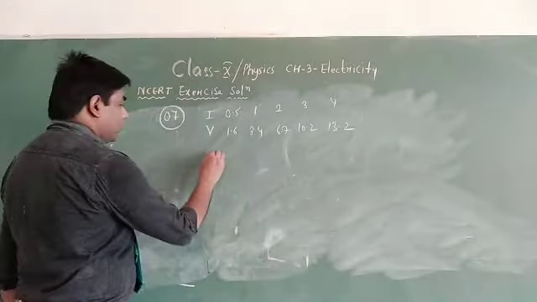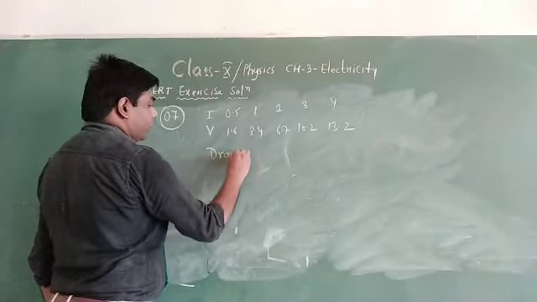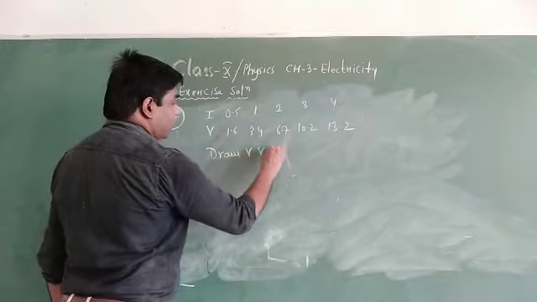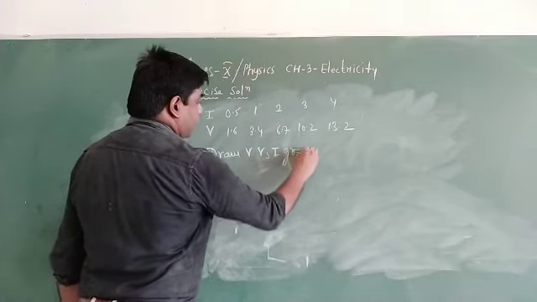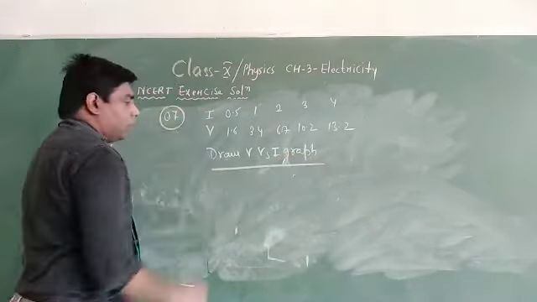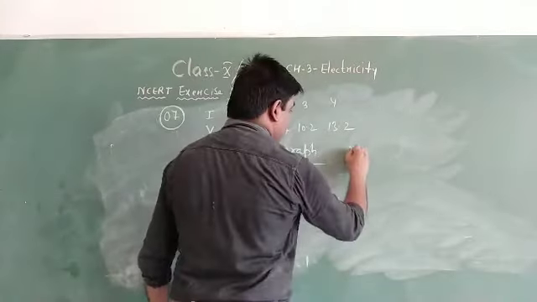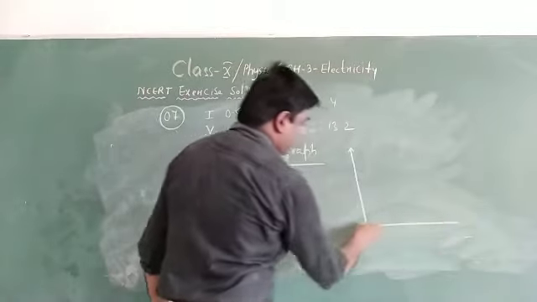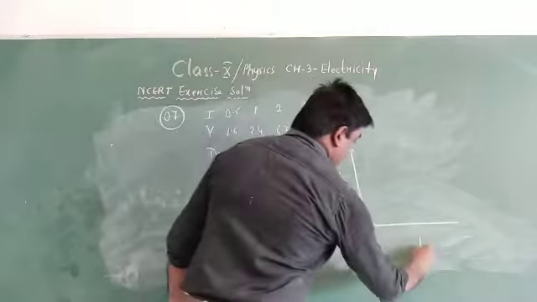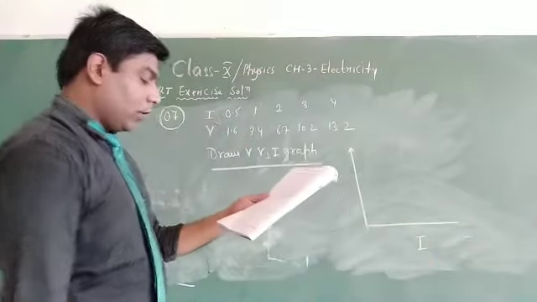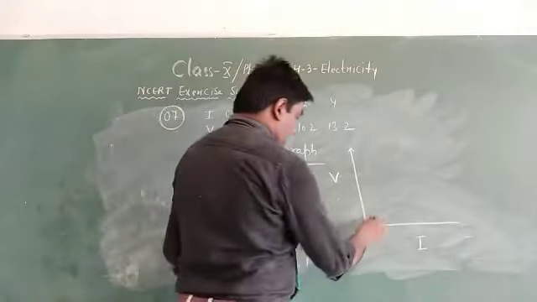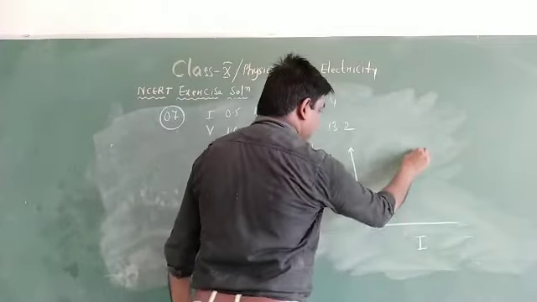Plot the V versus I graph. Just you have to draw, this side is V, this side is I, right? And you will plot it.